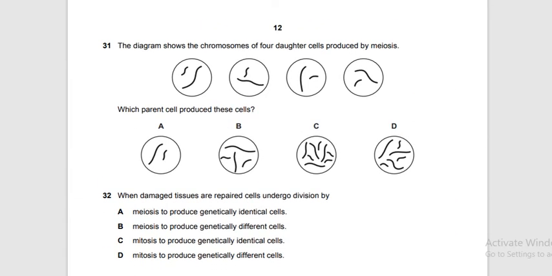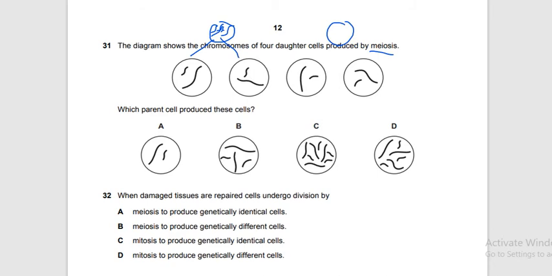Now the diagram shows the chromosomes of 4 daughter cells of meiosis. If it's 4 daughter cells of meiosis, remember it must first divide to form 2 daughter cells, and the 2 cells will now have 4 content in it. Now that 4 content will break into this and this.